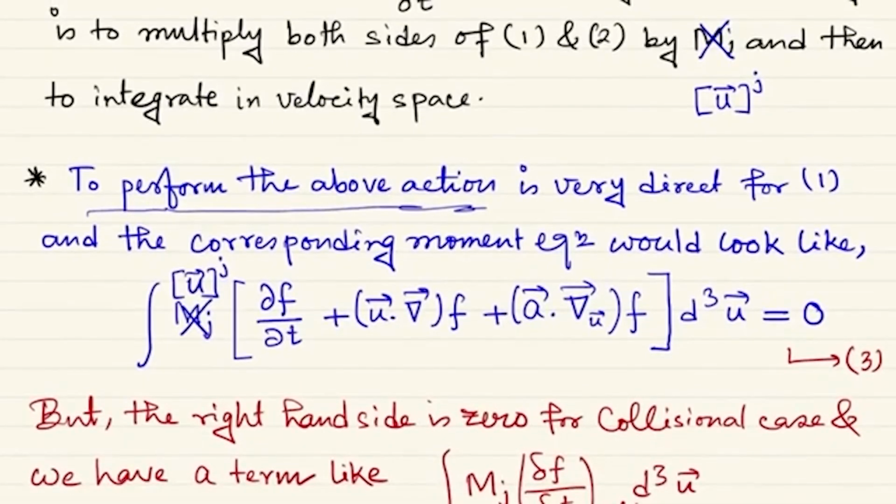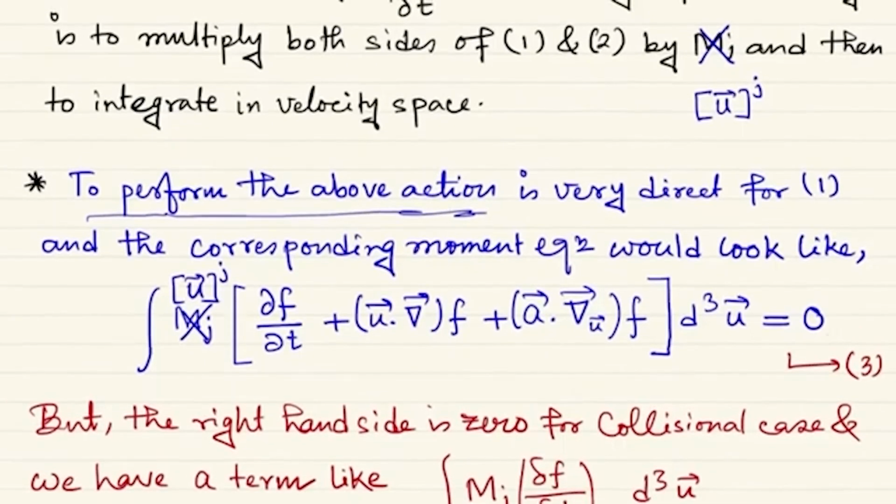So for the collisionless case, 0 is guaranteed, but for the collisional case, the right hand side is 0 only for special cases.